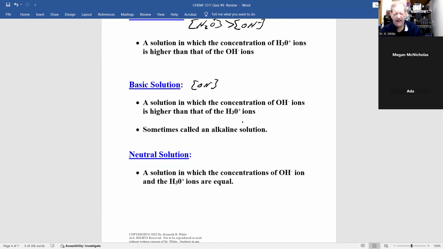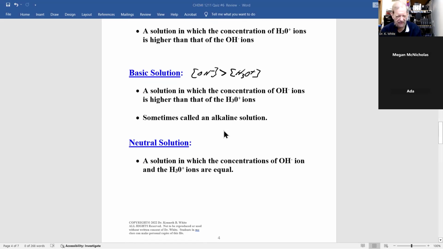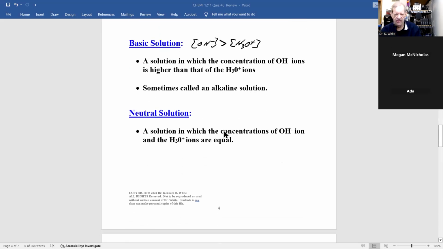The hydroxide ion concentration, OH-, is greater than the hydronium ion concentration. This is sometimes called an alkaline solution, which is true for your alkaline batteries. And finally, in a neutral solution, the hydronium ion concentration is equal to the hydroxide ion concentration.